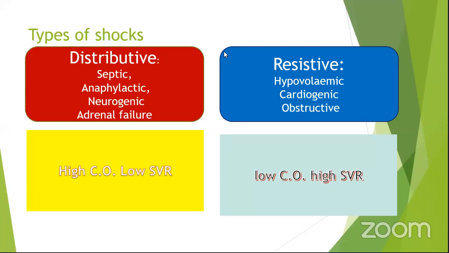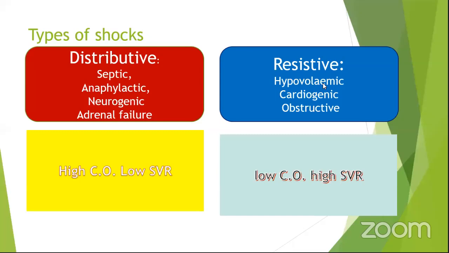While in resistive shocks, we have, for example, hypovolemic, cardiogenic, or obstructive shock. All these three types are called resistive shocks, and what they have in cardiac output is low cardiac output.